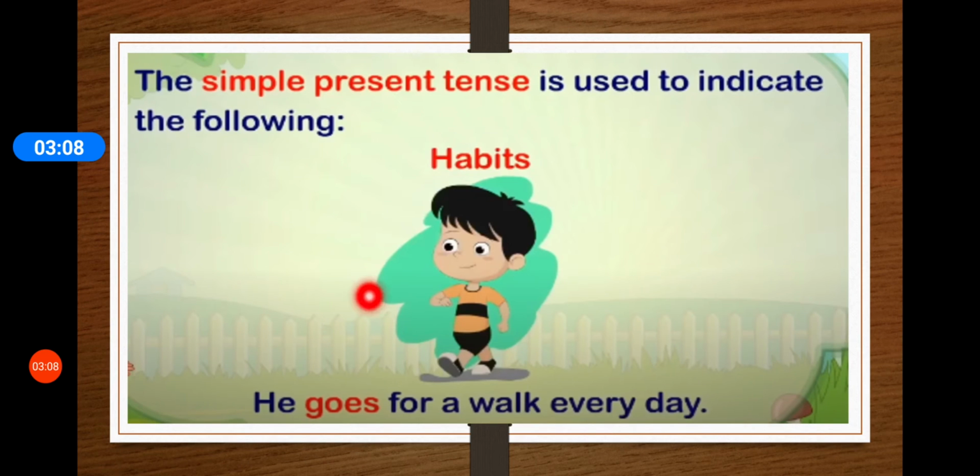So, simple present tense is used to indicate the following. First, habits. For example, he goes for a walk every day. That is the habit of this boy.